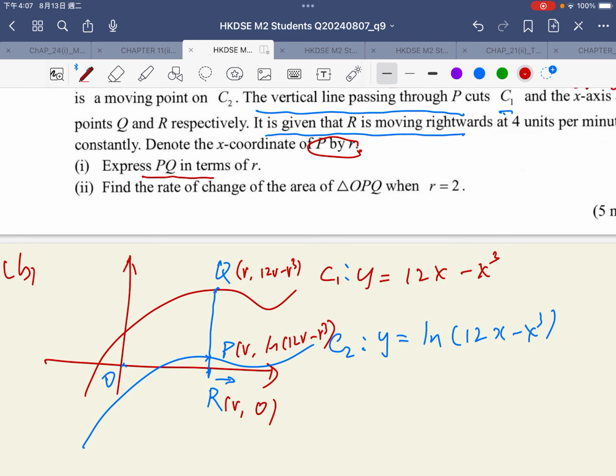Then, for the first part, express PQ in terms of r. It is an easy job.